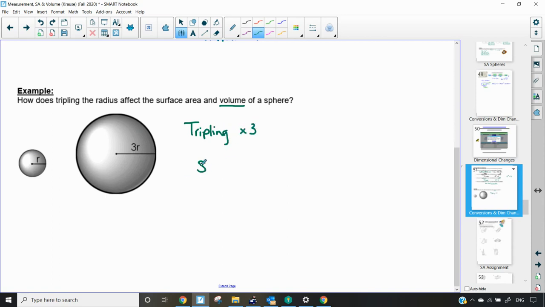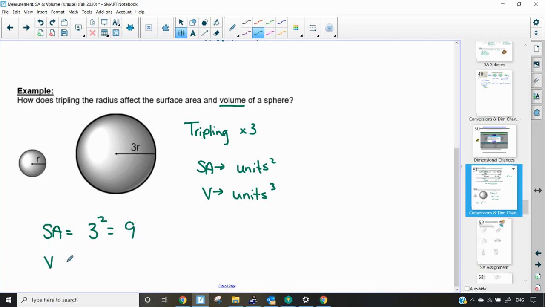And if we're talking about surface area, we're talking about units squared. And if we're talking about volume, which we haven't got into yet, we're talking about units cubed. So how will surface area be affected if we triple it? Well, 3 for tripling, squared for square units, 9 times bigger.